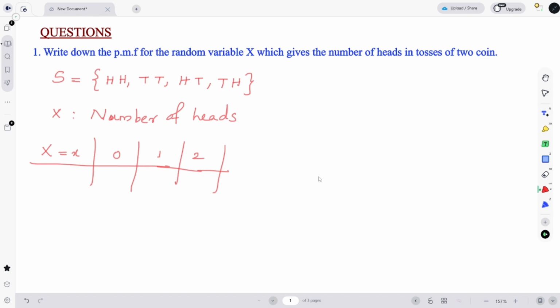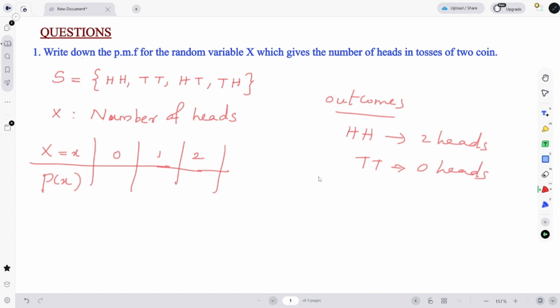Now we have to write the corresponding probabilities. Outcomes are HH, which is 2 heads, then TT 0 heads, HT, TH 1 head. So the values that the random variable takes are 0, 1, 2.